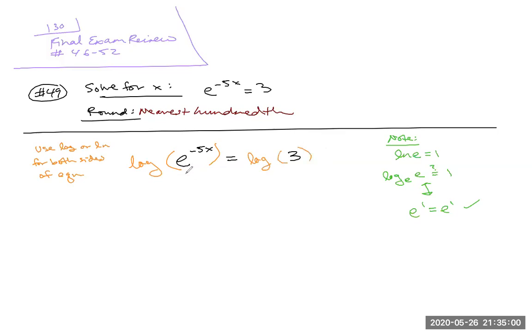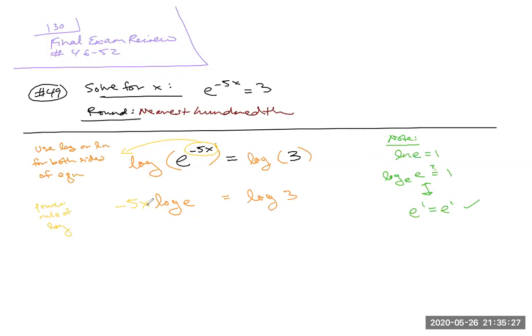So then what happens in the next step, you're going to use the power rule of logs. This negative 5x power is going to come down. You're going to have negative 5x times log of e, and that's going to equal log of 3.